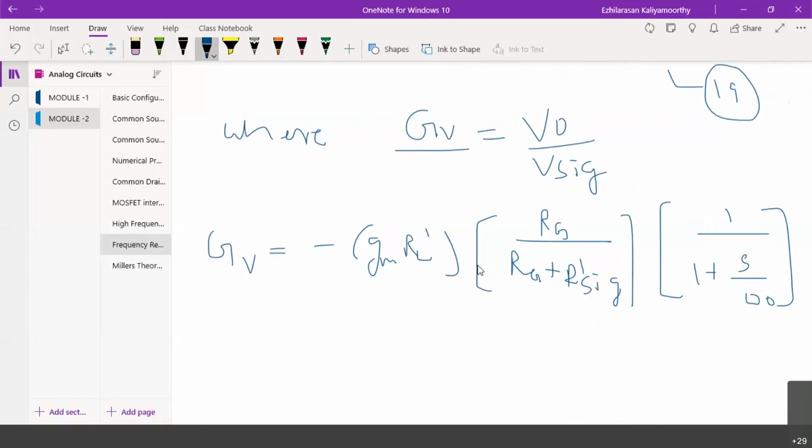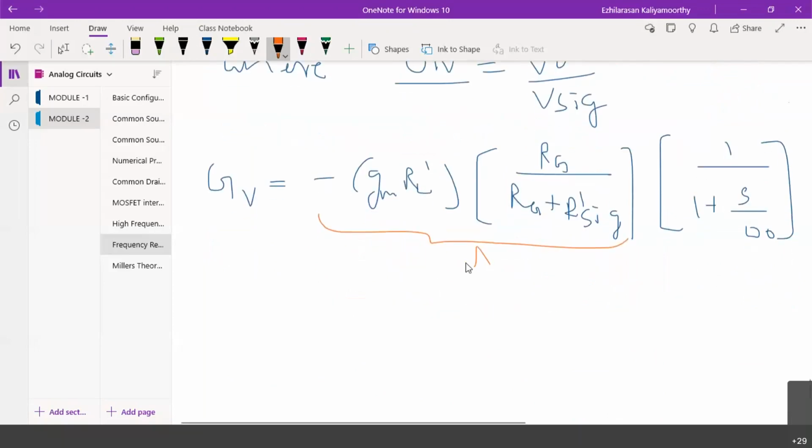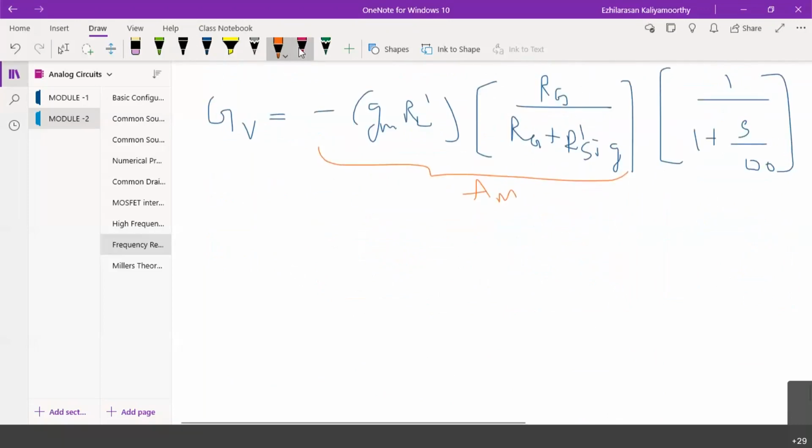Now from this equation again, see, this is nothing but AM, previously only we saw. So we can write GV is equal to AM into 1 by 1 plus S by omega h.